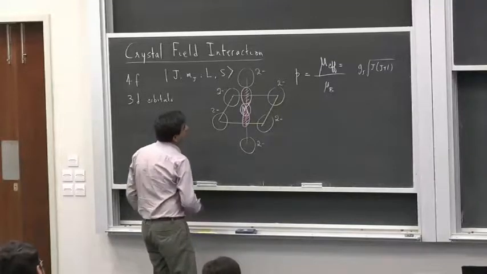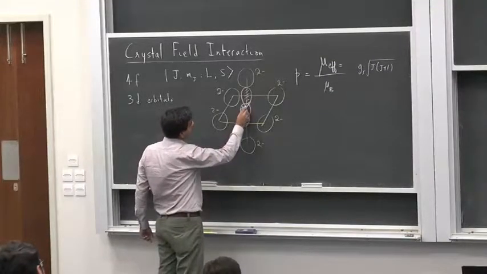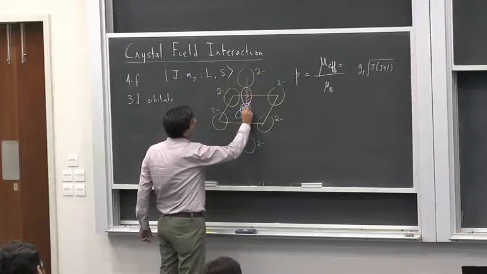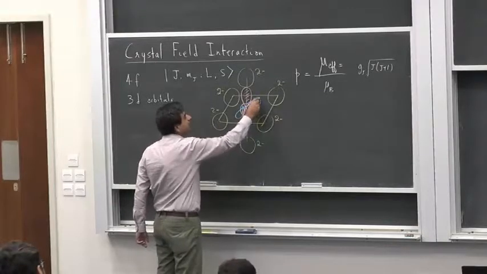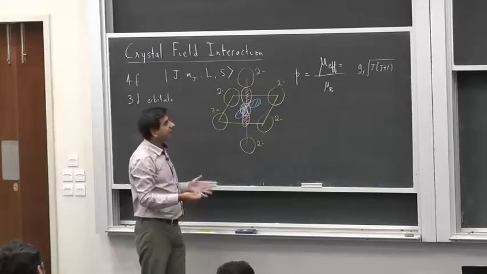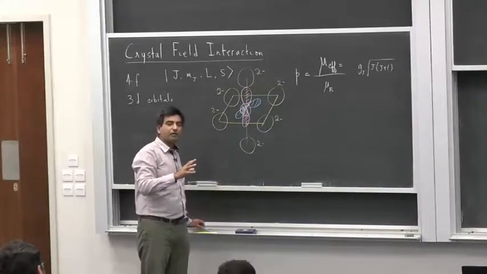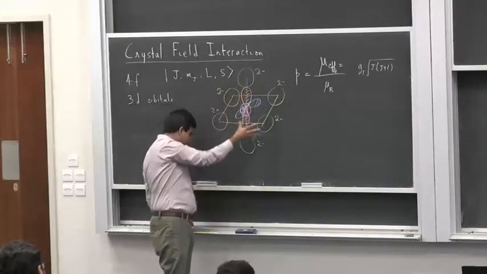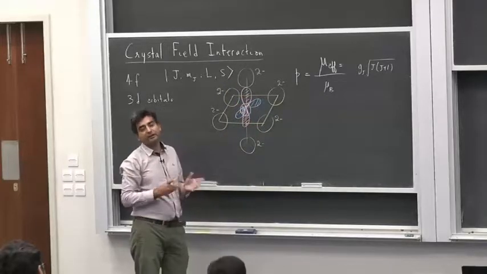So if I draw the px orbital, suppose this is the px orbital, the energy of this orbital might or might not be different. So different orbitals interact with neighboring ions in different manners.